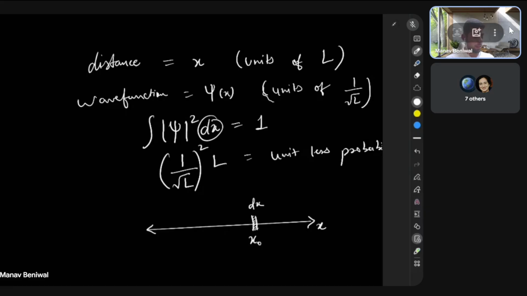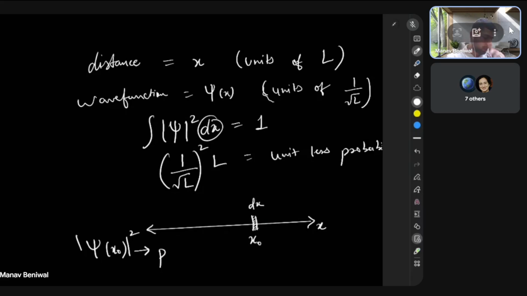Then mod of psi square at x naught gives you the probability, this is like the probability density.